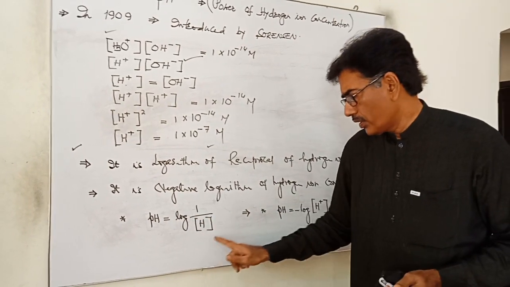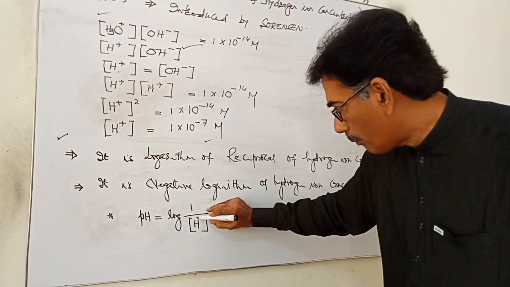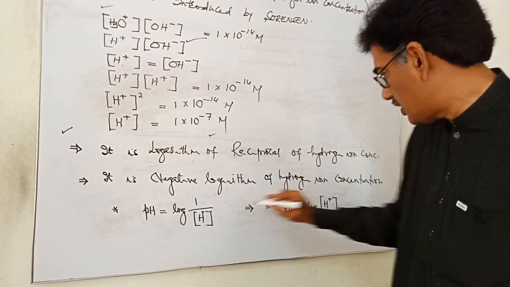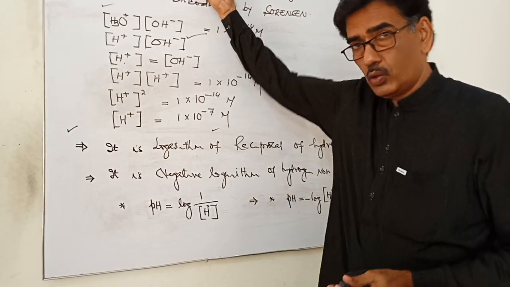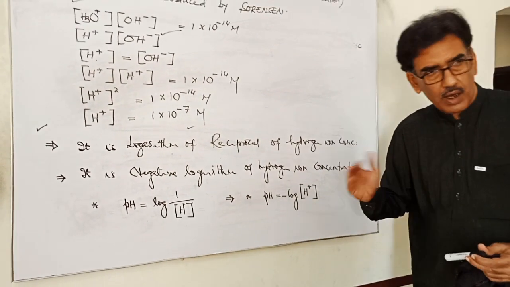So we just replace the hydrogen ions by hydroxide to define pOH.